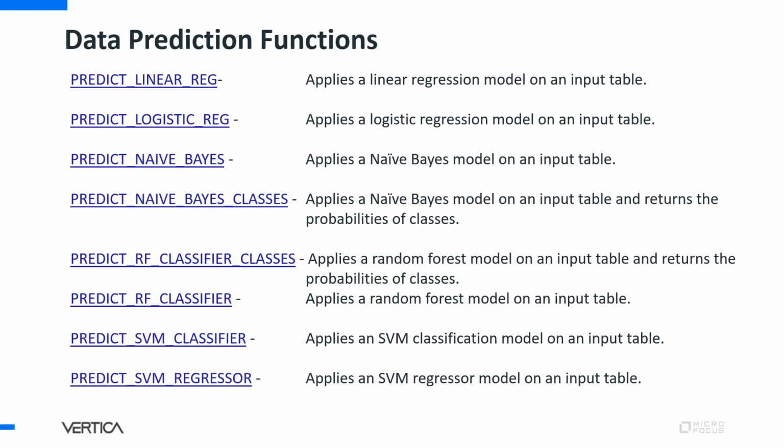So there are 6 algorithms available in Vertica to help you predict and classify your data set based upon different variables. Everything in Vertica is available as a function. You just need to call these functions: linear regression, logistic regression, random forest, SVM classifier.